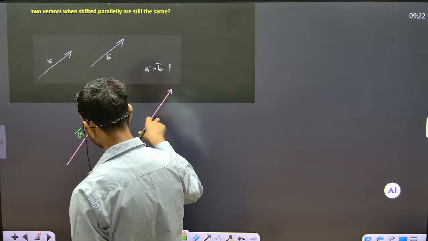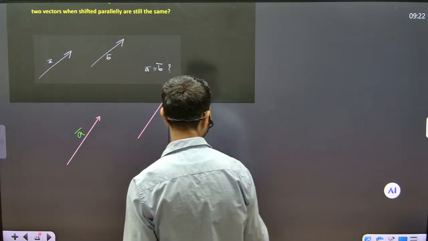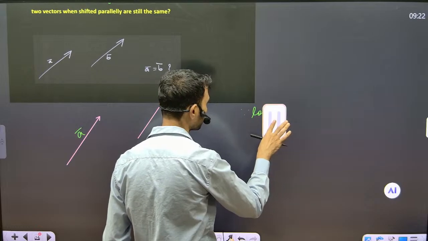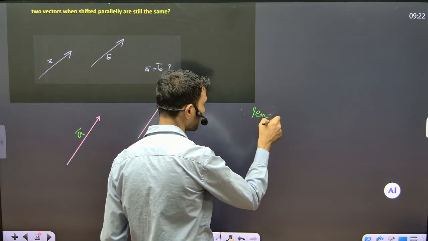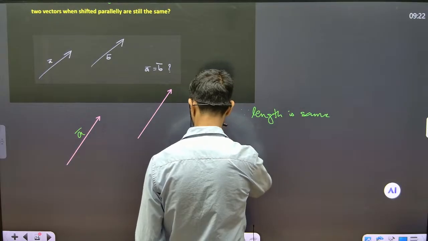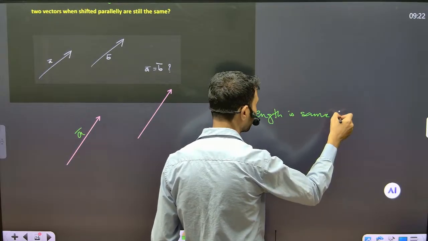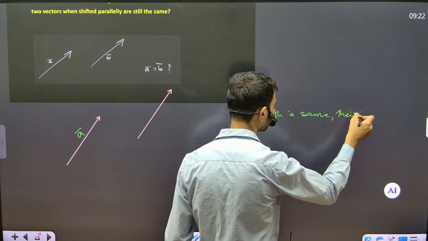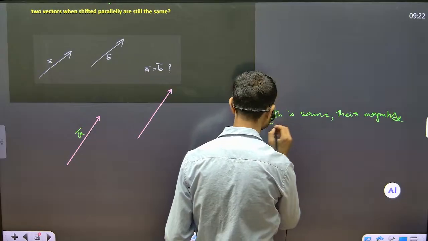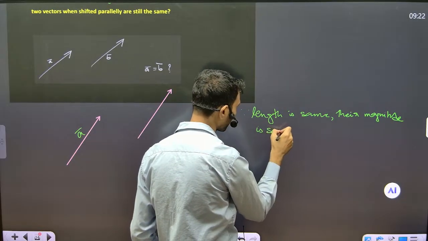the length is same, right? So I can say, since length is same, their magnitude is same. Agreed?